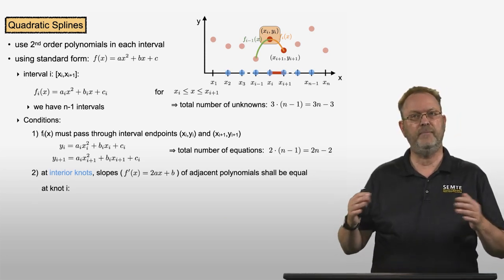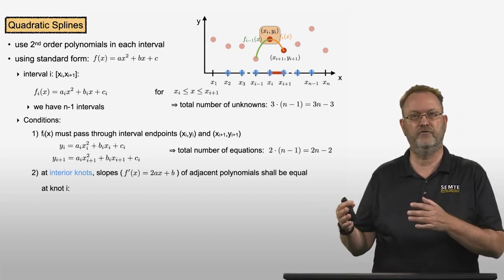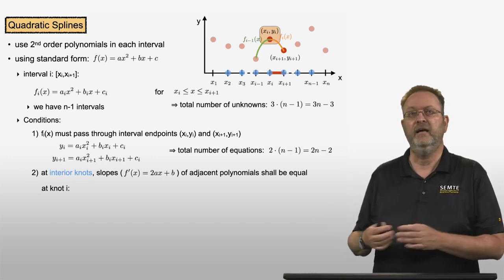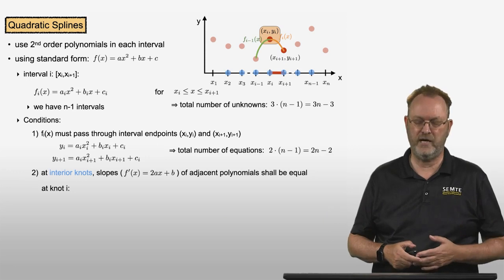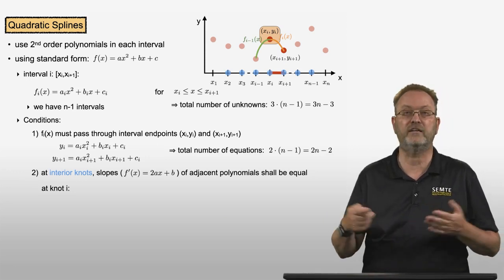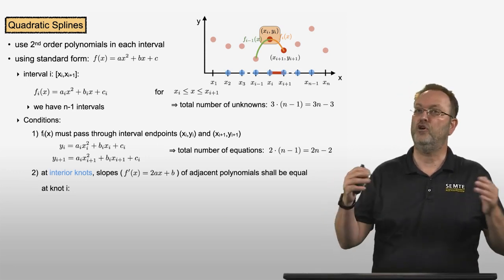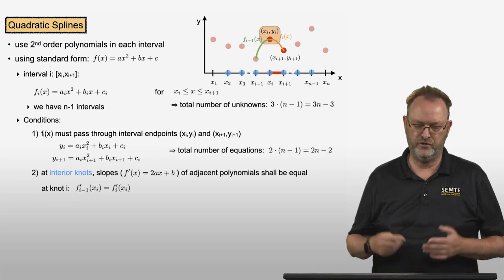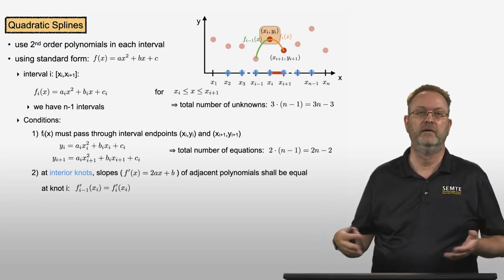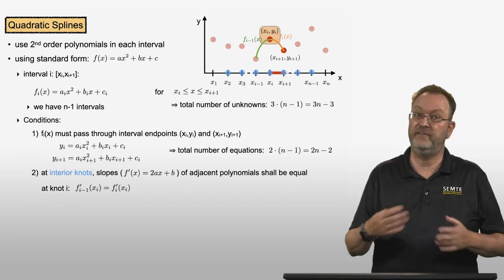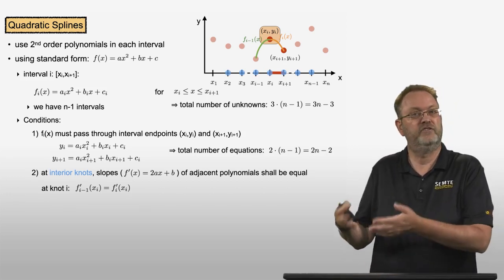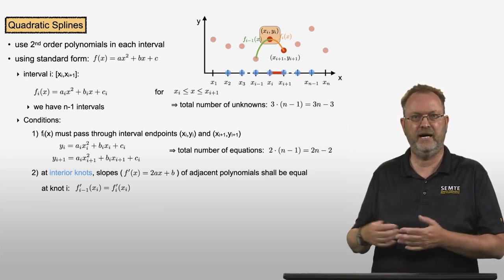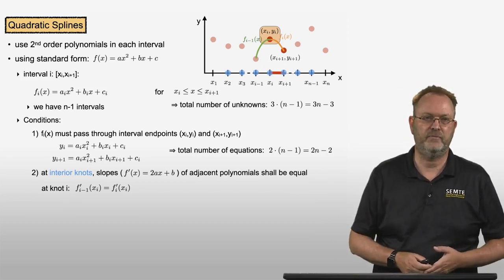There are 2 functions that meet there, the quadratic function from interval i, f sub i, and the quadratic function from interval i minus 1, f sub i minus 1. And at that knot, at xi, yi, the slope of these 2 functions is supposed to be equal. So f prime of interval i minus 1 evaluated at xi is equal to the slope f prime of interval i evaluated at the same knot point xi.